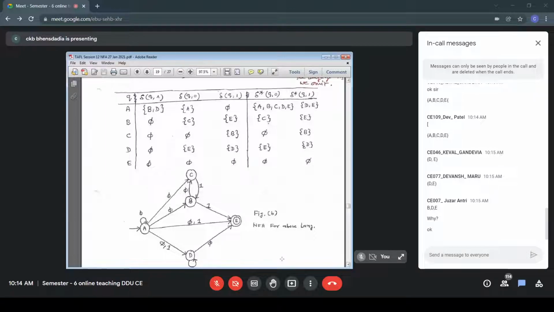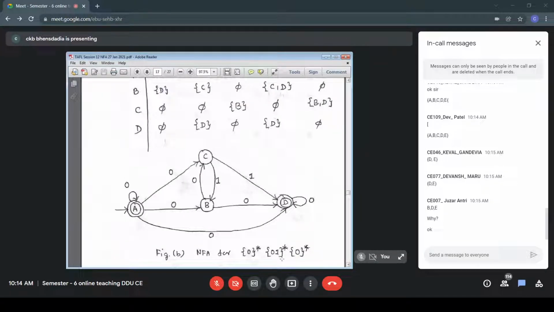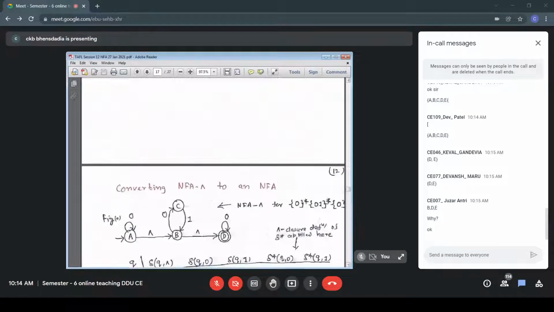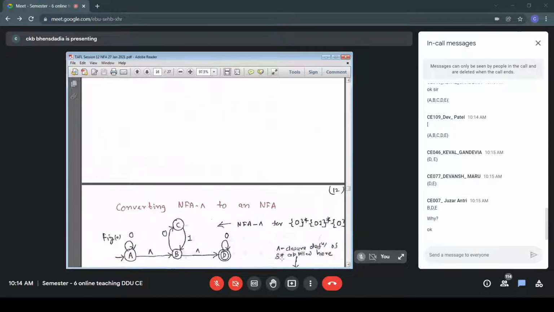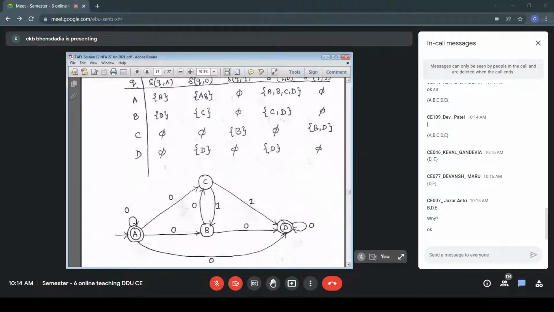In the previous example, what happened? Using null transitions, from the initial state A, we can reach the accepting state D. A to B on null, B to D on null. So we added A as an accepting state.